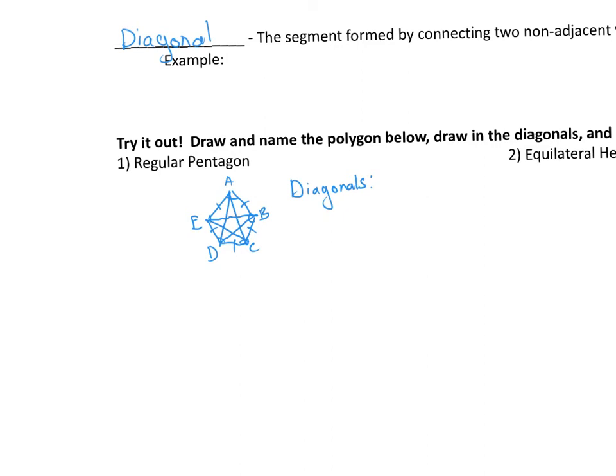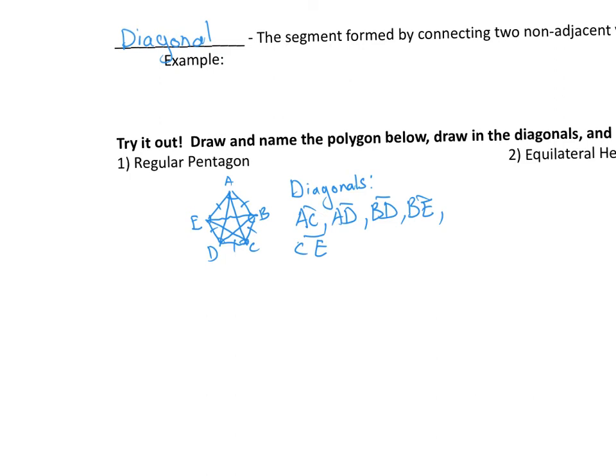There is an AC, AD, BD, BE, CE. Should get D twice.